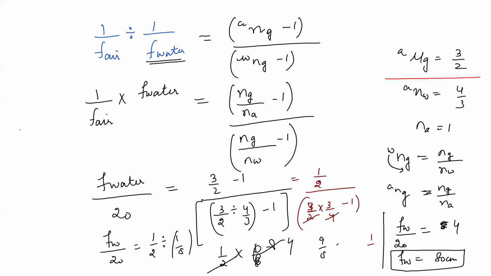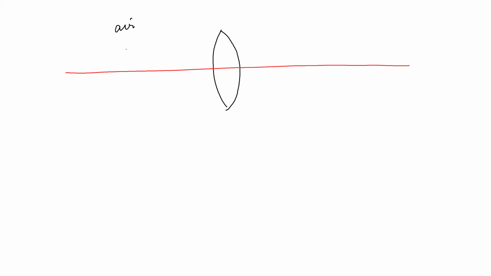If you realize the fact that this is my lens and this is air, and the light enters, because air's refractive index is 1 and glass refractive index is 1.5, there's a huge difference between 1 and 1.5.